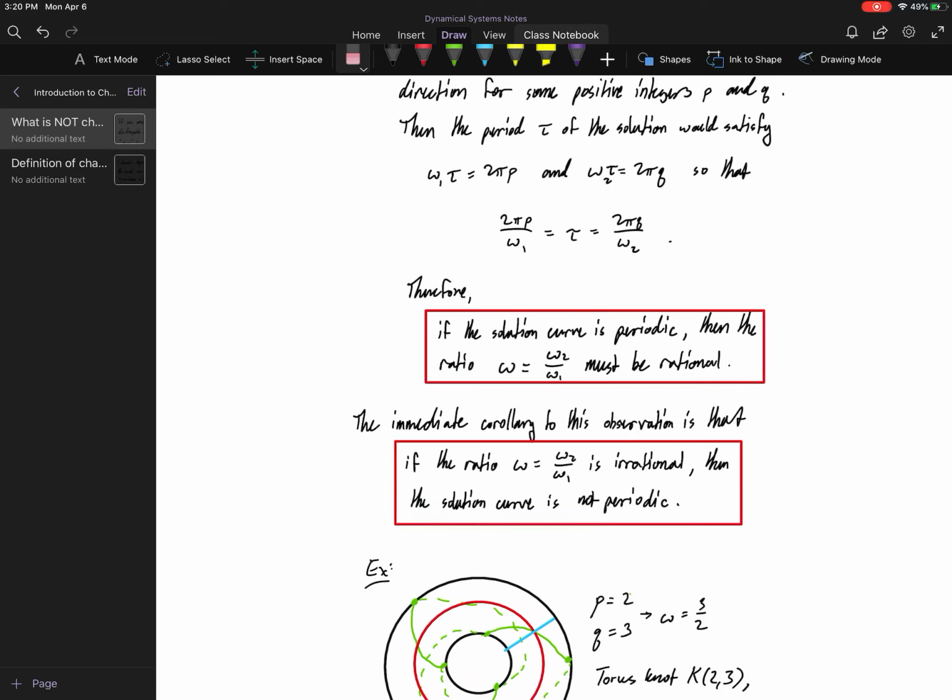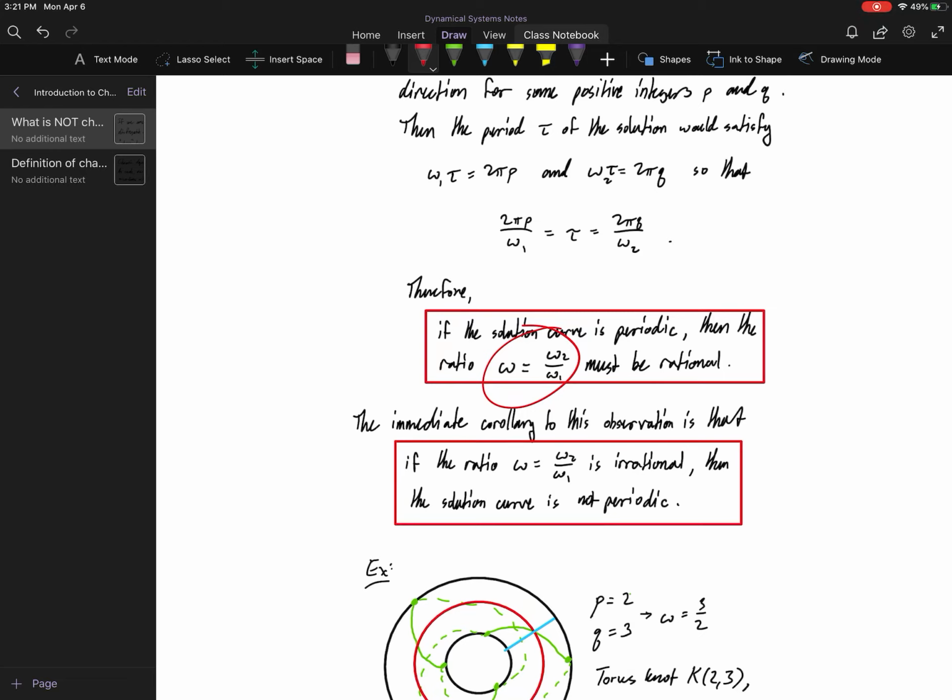So if I solve both of these equations for tau and then set the taus equal to one another, I notice that if this is going to be a periodic solution, right, if the curve closes back up on the torus, then this ratio between omega 2 and omega 1 has to be a rational number. It's got to be this q over p business.